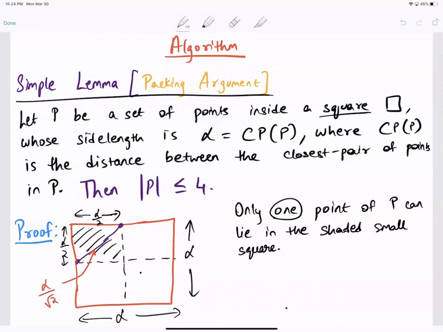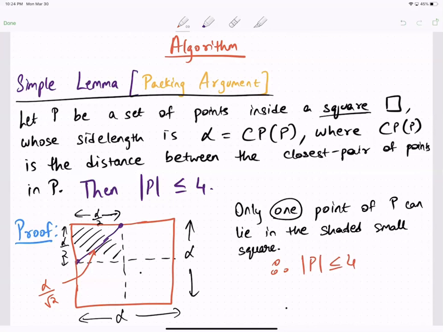So because of that, at most one point of P can lie in the shaded small square. The same argument can be repeated for all the 4 squares, and therefore the size of P is less than or equal to 4.